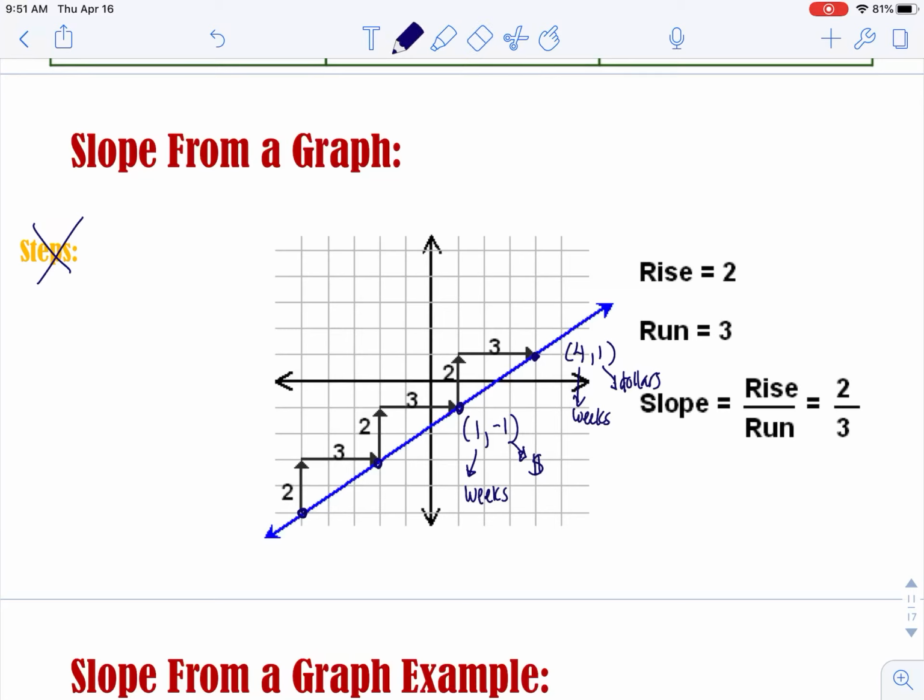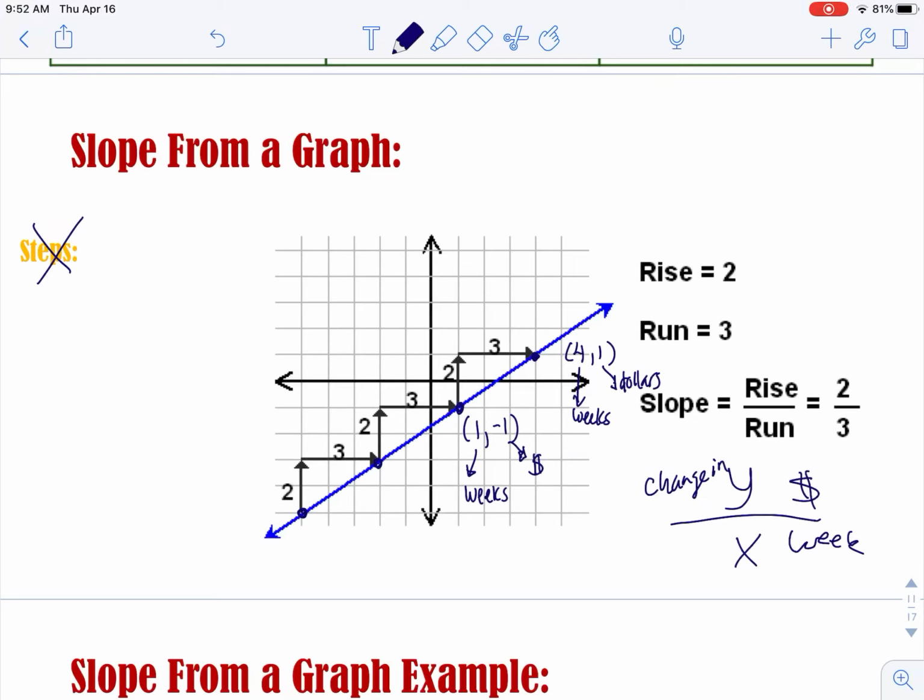Well, it makes more sense to say dollars per week. And that means that it's going to be y over x. Again, I'm trying to push this into your brain that it's y over x.